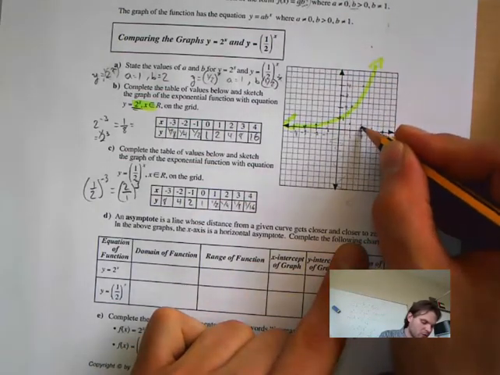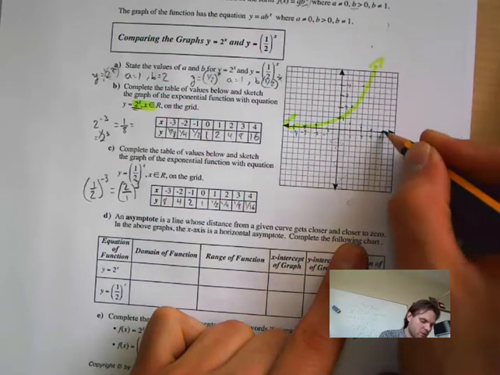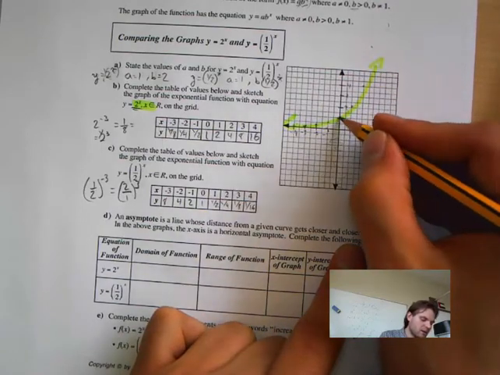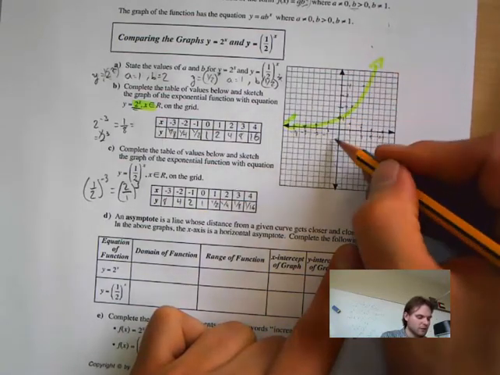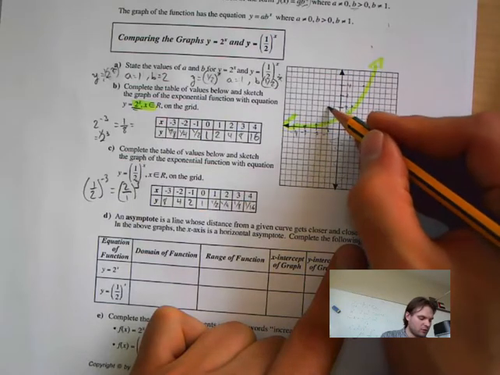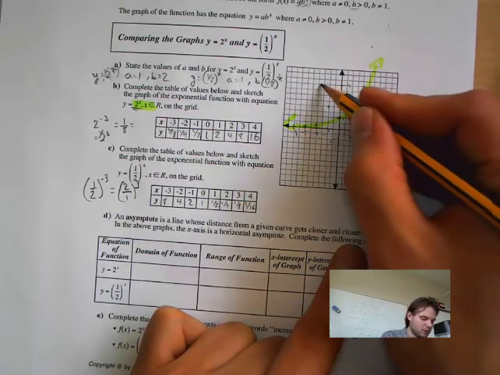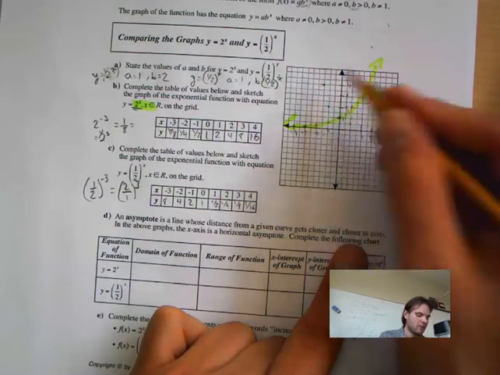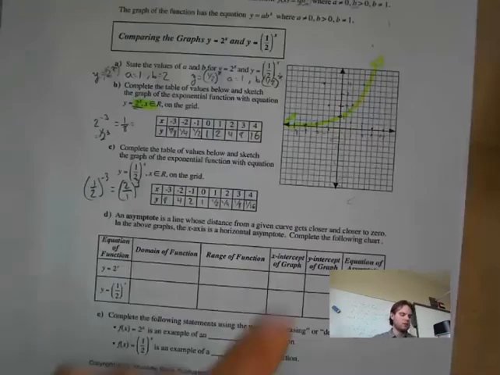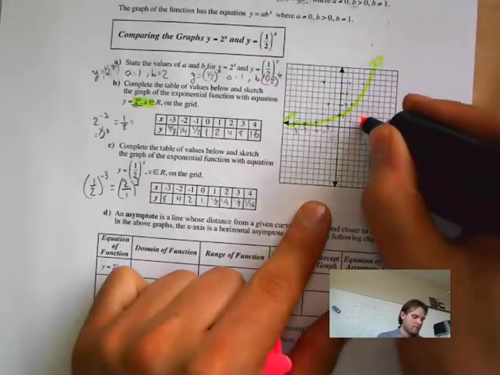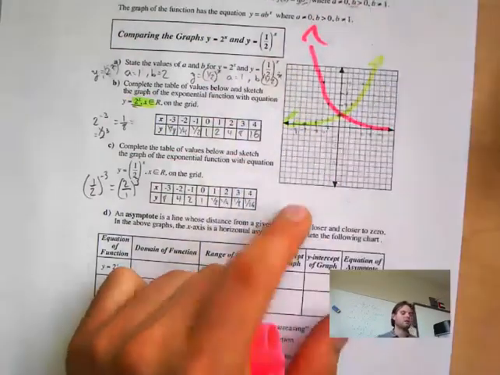This is going to be 1 over 4, 1 over 8, 1 over 16. And that's 1. Next one, 1 all the way up is 2. And this one here is going to be 4. And we go up. And it looks like that.